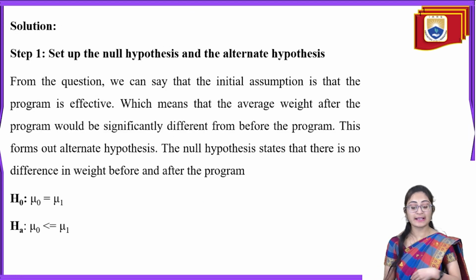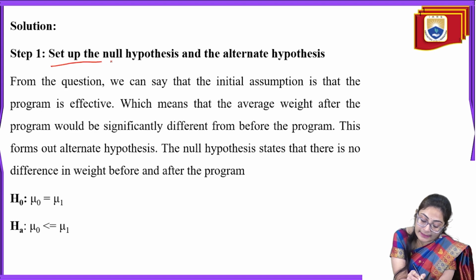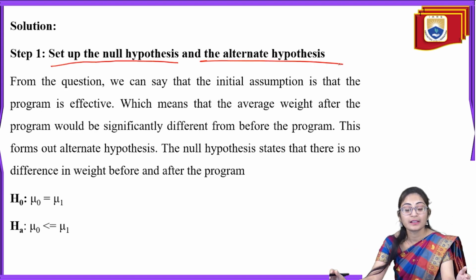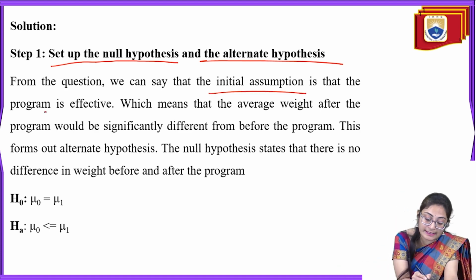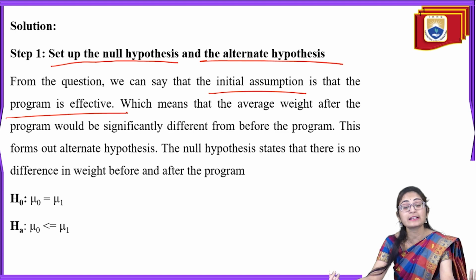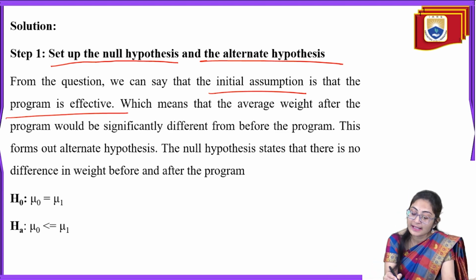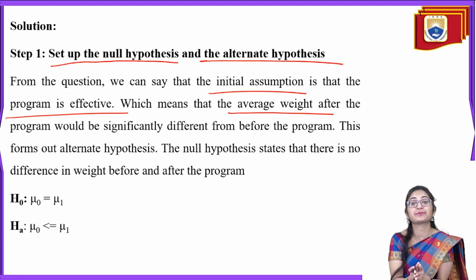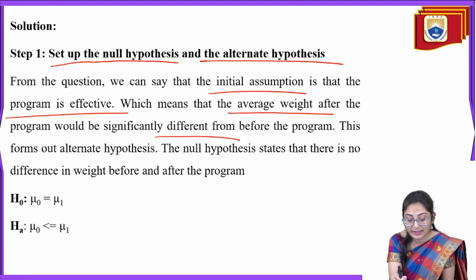Now the first step is to set up the null hypothesis and the alternate hypothesis. From the question we can say that the initial assumption is that the program is effective, which means the average weight after the program would be significantly different from before the program.